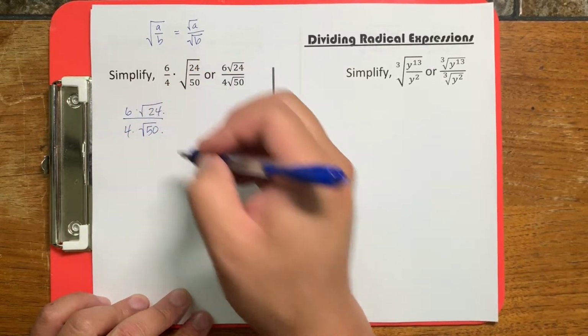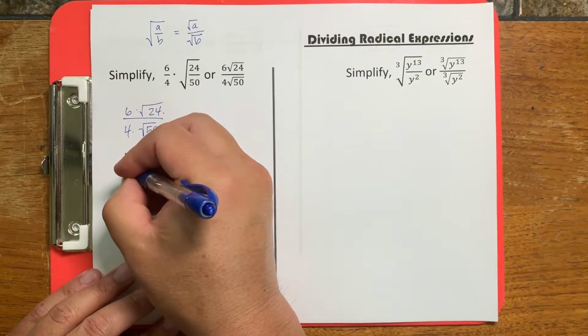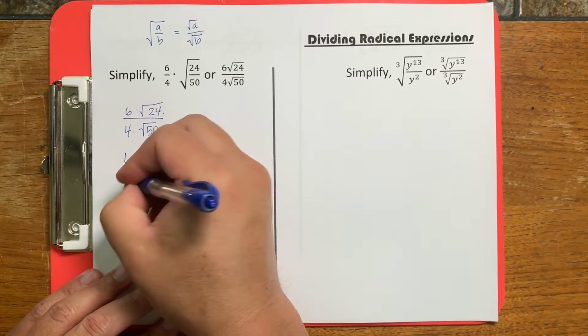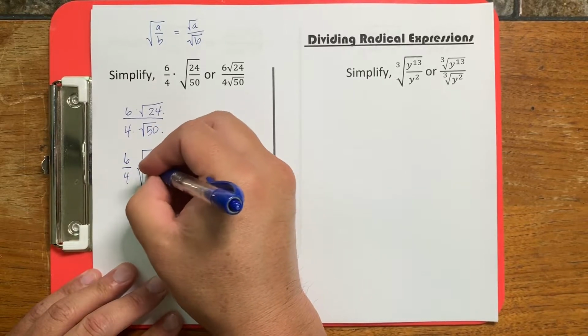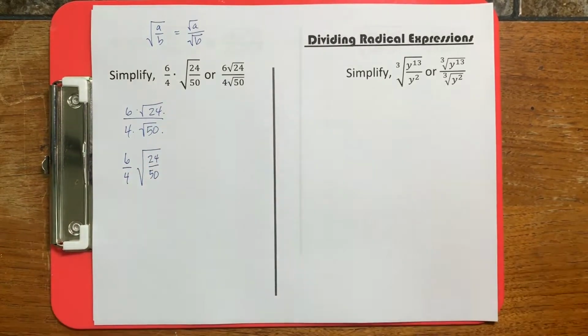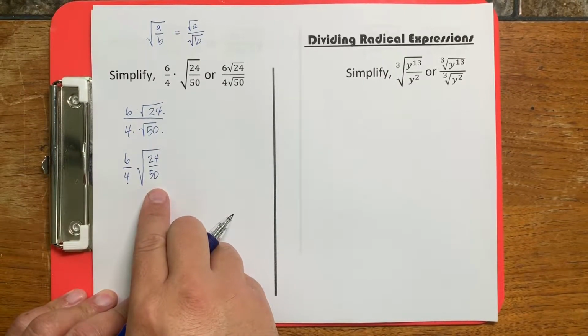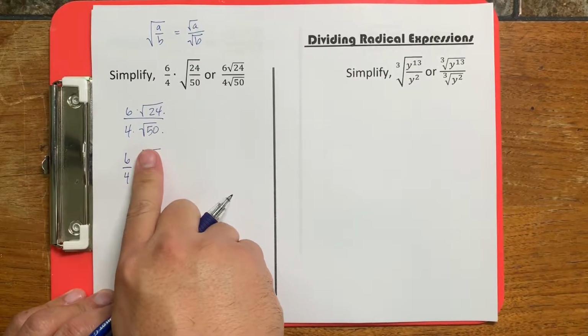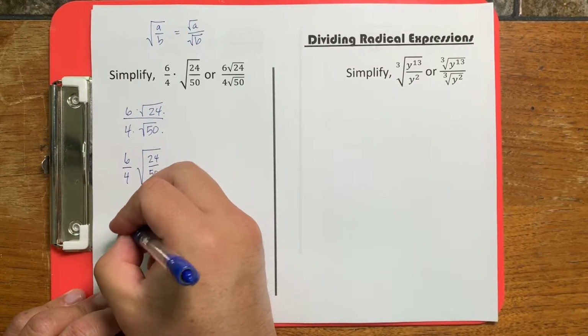The outside and inside don't interact with each other. So really, this is two separate problems. You have 6 divided by 4, and then you have the square root of 24 divided by 50. The first thing we want to do is simplify the outside and then simplify the inside. When I simplify this as a fraction, we get 3 over 2.